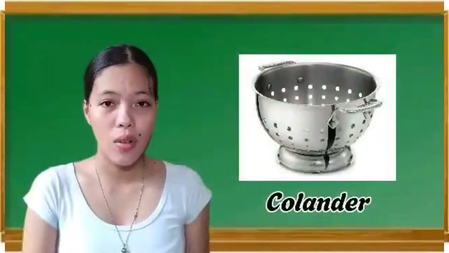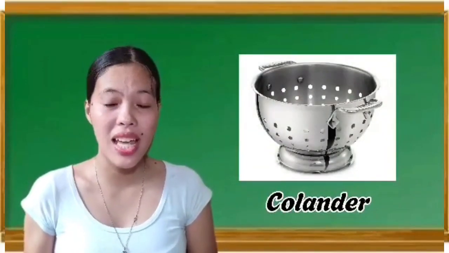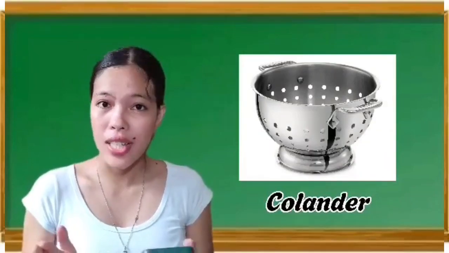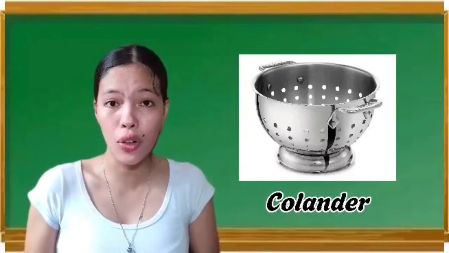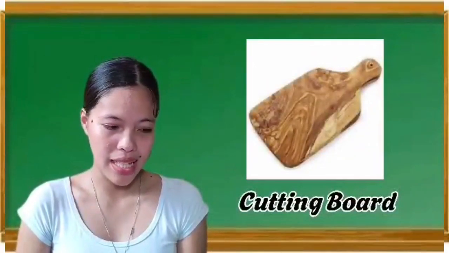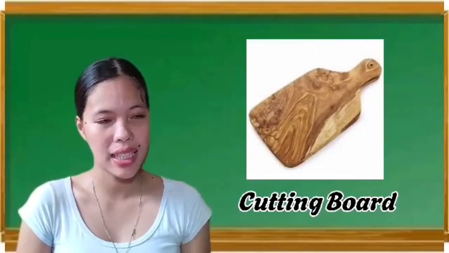Strainer is a type of sieve used in cooking for separating liquid and solid, for example, to rinse vegetables or strain food such as pasta. Cutting board or chopping board is a durable board on which to place materials for cutting.